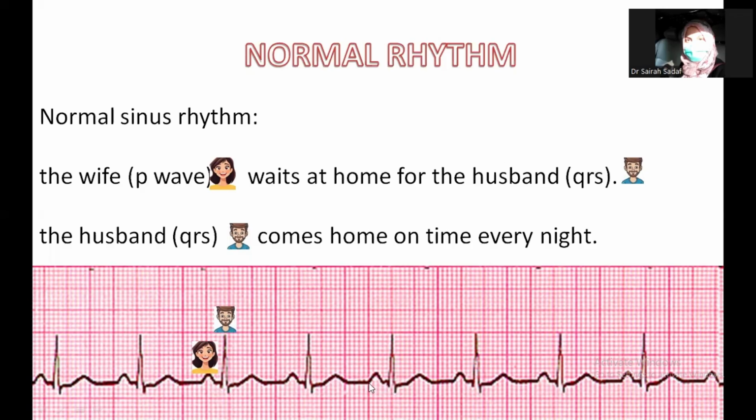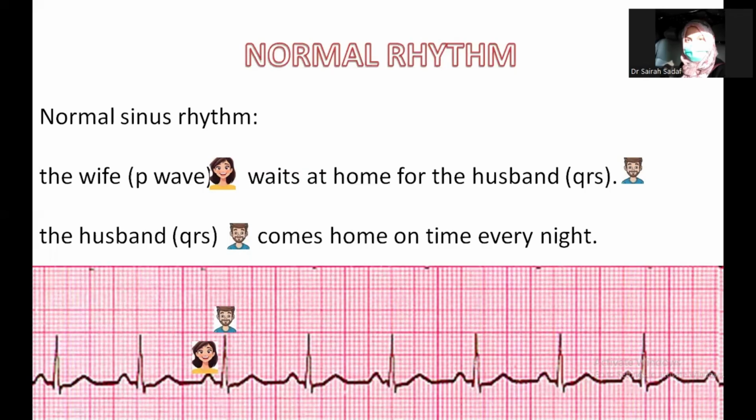The P wave is normal in height and width, and the duration of the PR interval, from here to here, is constant and within the range. What is the normal range? 3 to 5 small squares. So this is constant, a normal sinus rhythm.